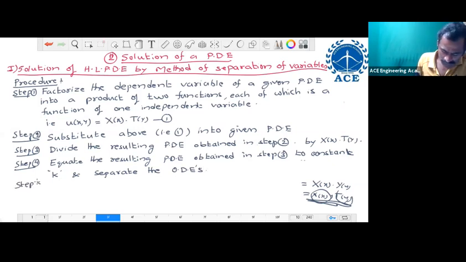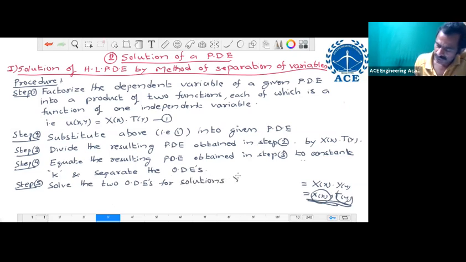Step number 5: Solve the two ordinary differential equations for the solutions X of x and T of y by ODE methods.